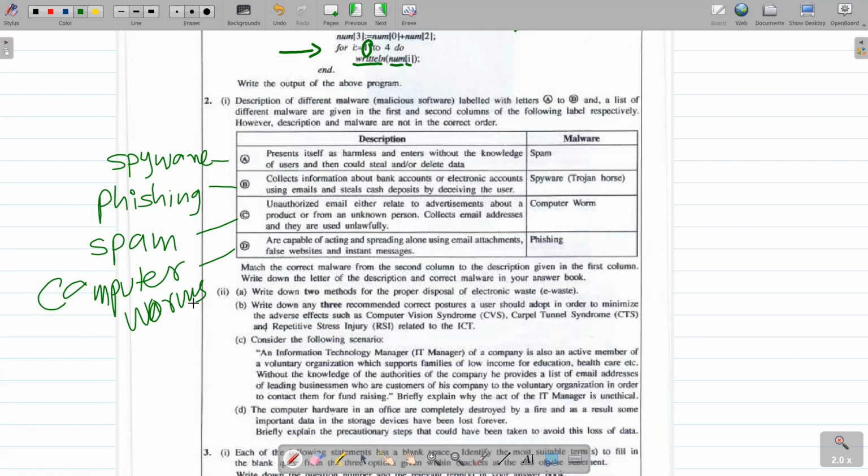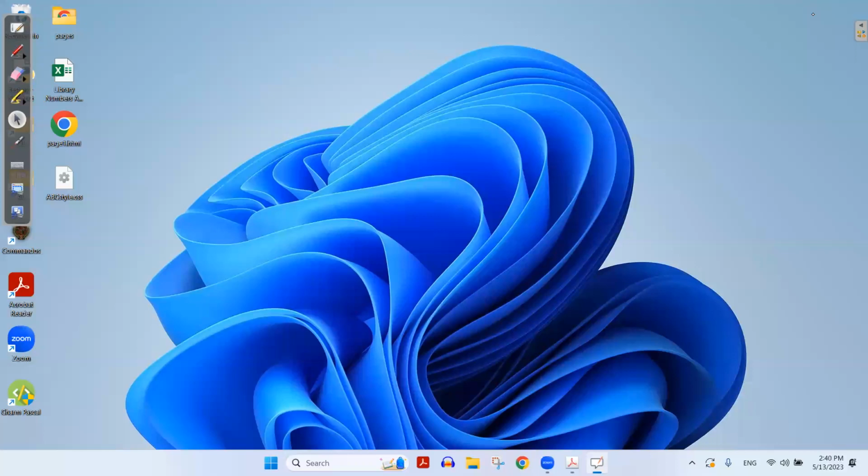Right, so let's refer to the marking scheme to see how the corrections are done.